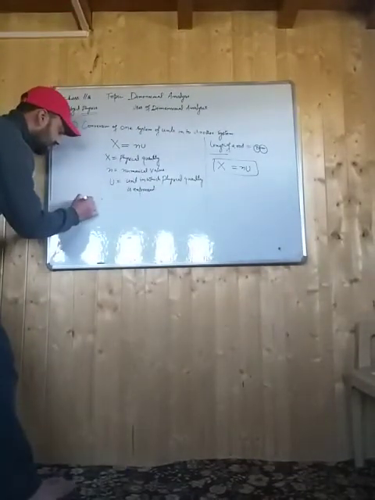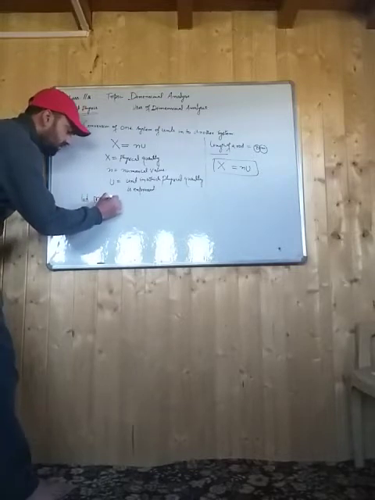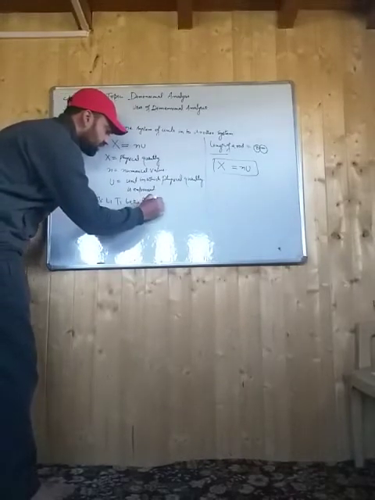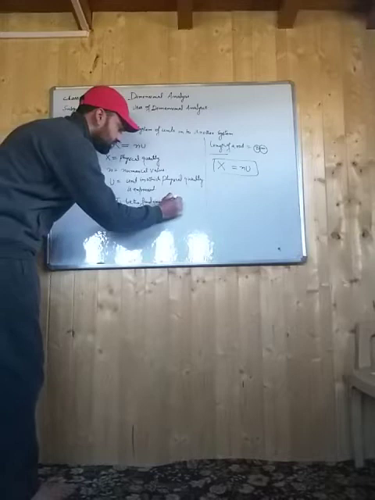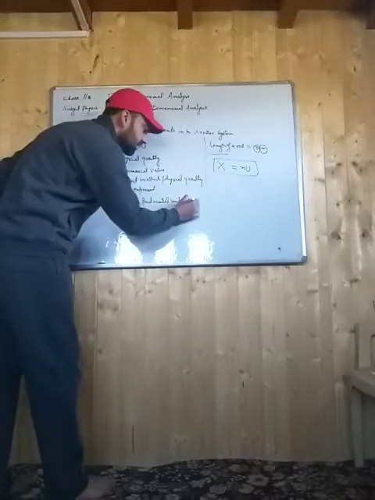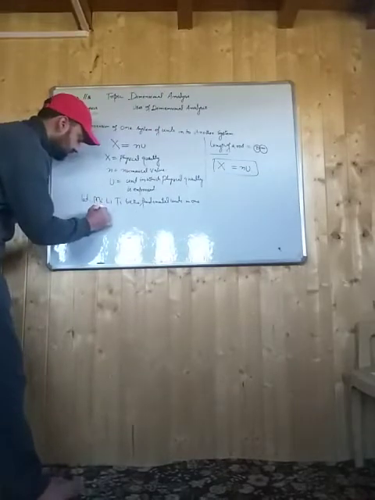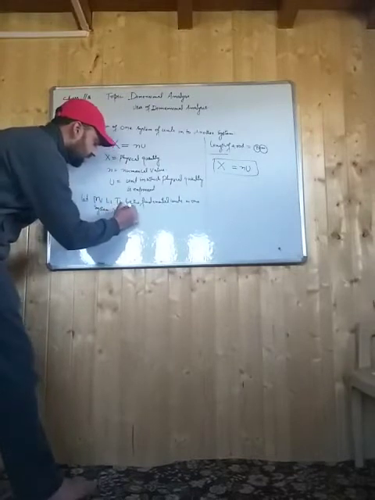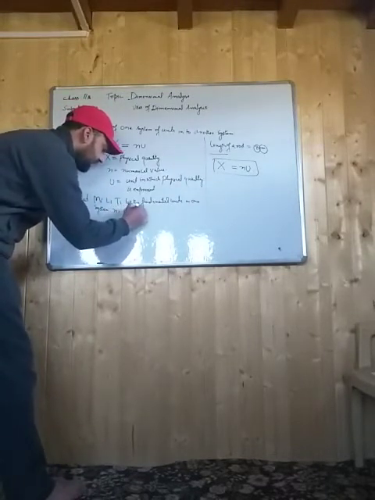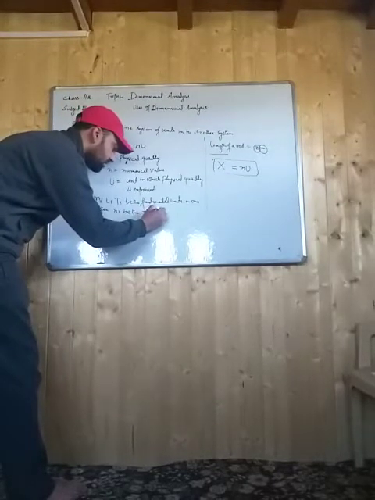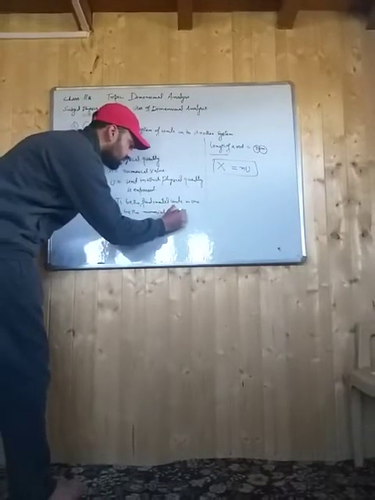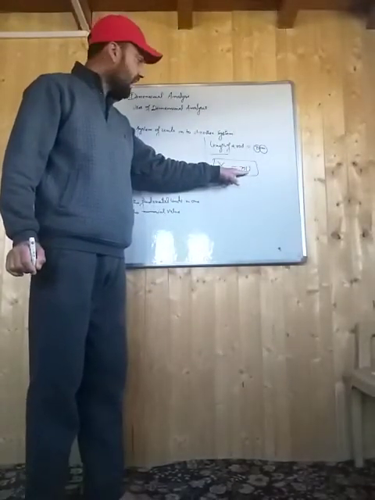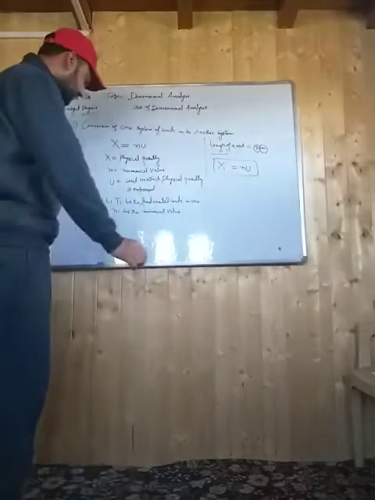Let M1, L1, T1 be the fundamental units in one system, and let n1 be the numerical value, that is, how many times the unit is present in this physical quantity.